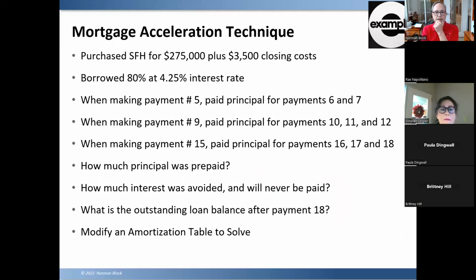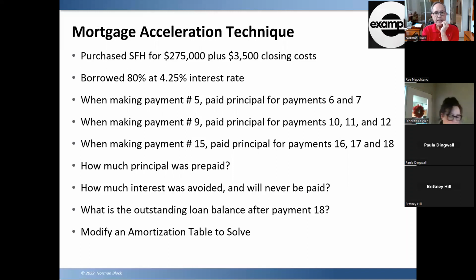So let's do an example. Let's just play with this one more time. You can do it for yourself now, or you can save this and do it later. But I've posed a hypothetical example. Let's say we purchased a single family home for $275,000 plus $3,500 in closing costs.